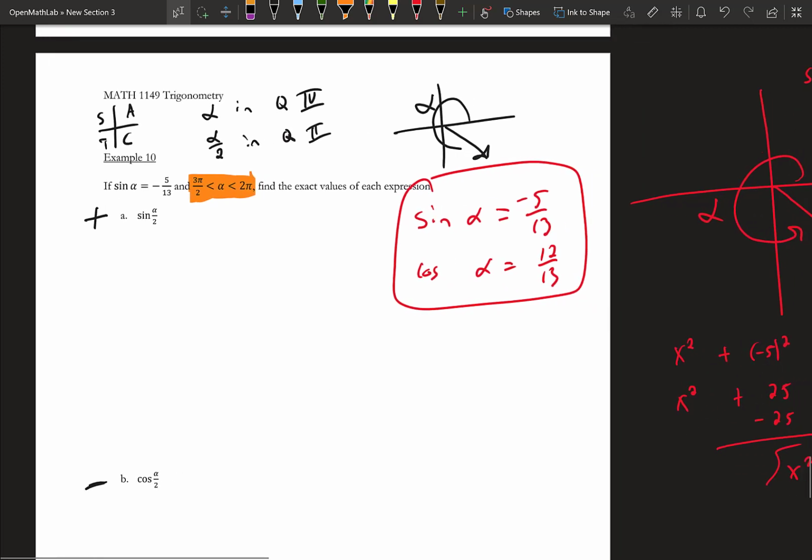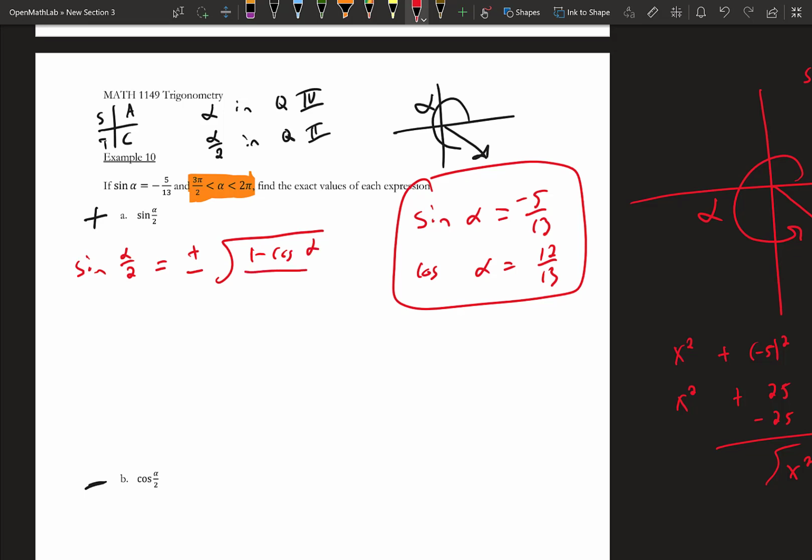So we can just plug those values in. Sine of alpha divided by 2 is equal to plus or minus the square root of 1 minus cosine of alpha all over 2. I know this is positive, because alpha divided by 2 is in the second quadrant, so I'm not going to write a sign. So this would be 1 minus 12/13, all divided by 2.